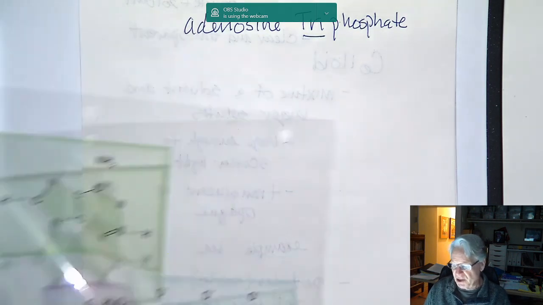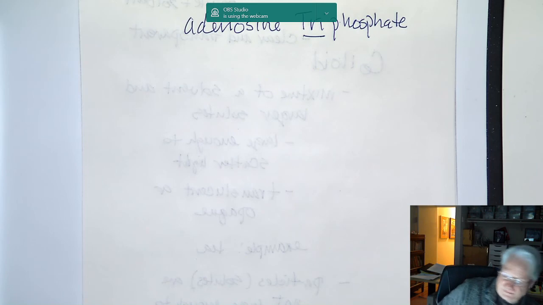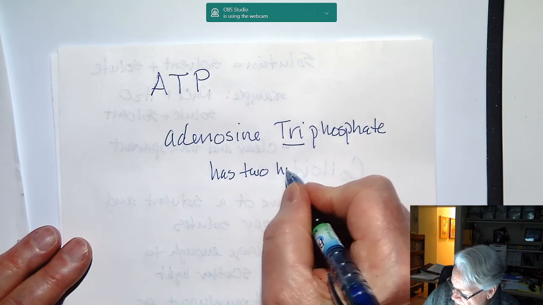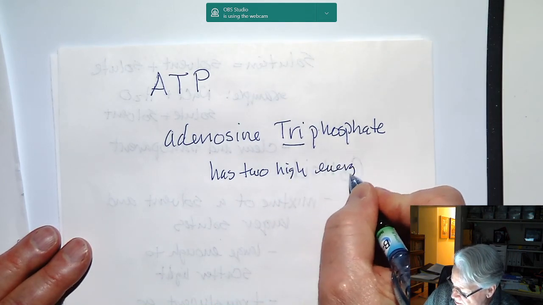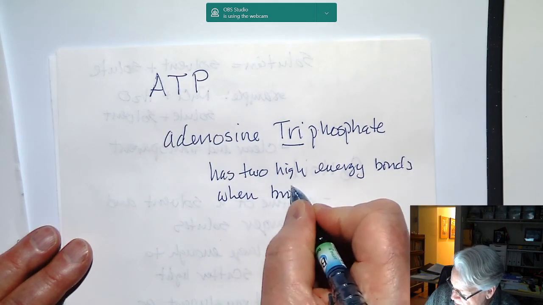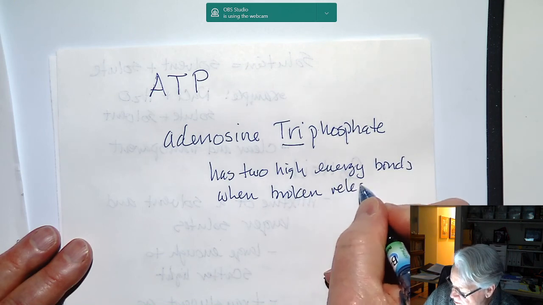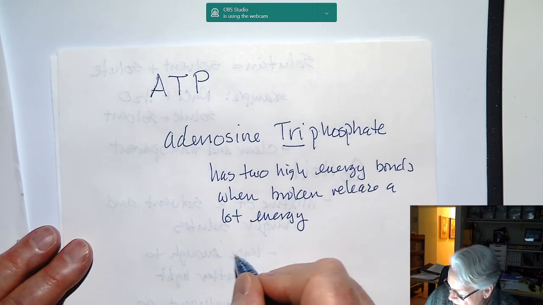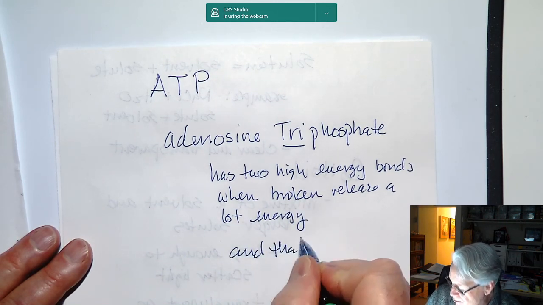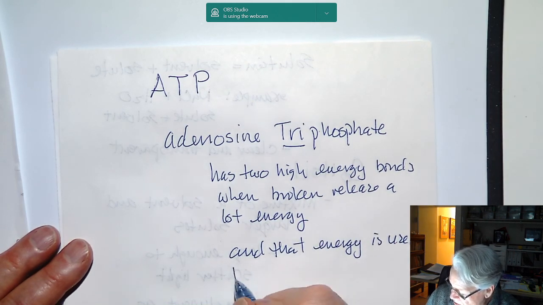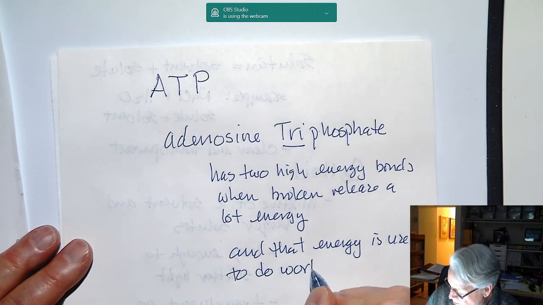So adenosine triphosphate has 2 high energy bonds, which when broken, release a lot of energy, and that energy is used to do work in the cell.